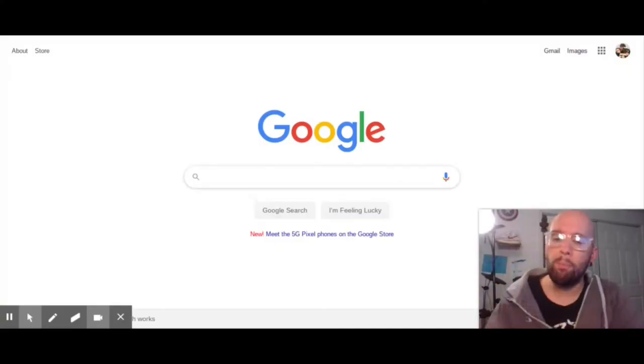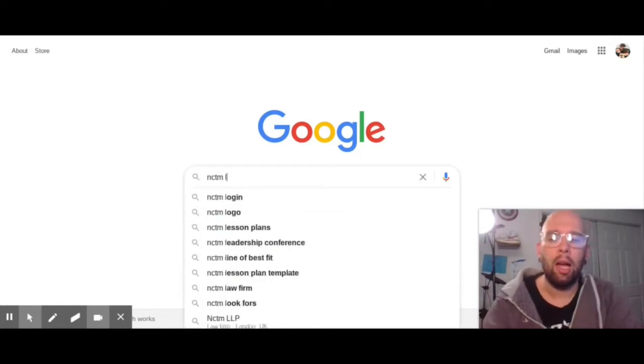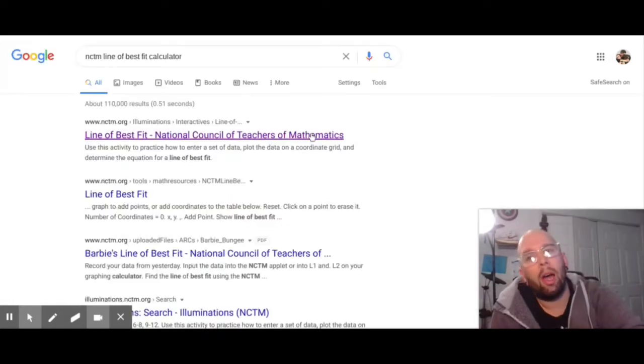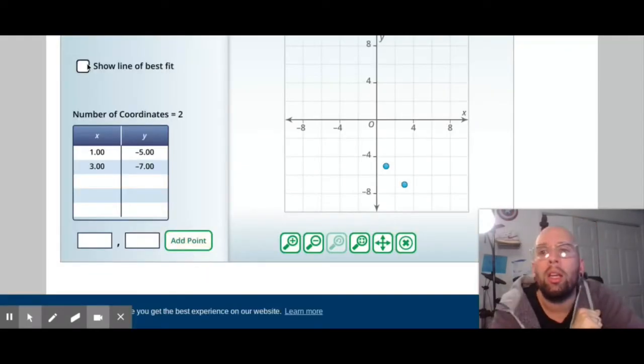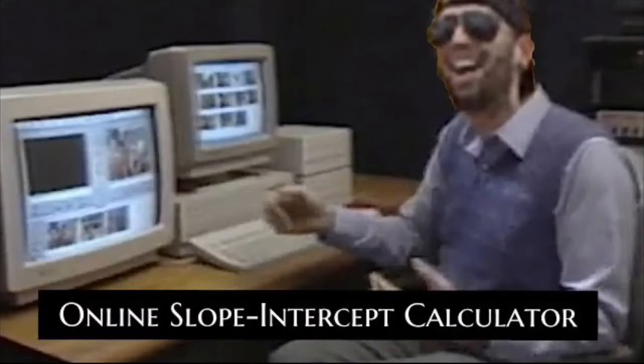Go to Google and type NCTM line of best fit calculator. Click the first screen, add point, add point. You can click on show the line of best fit and it gives you the equation for the line of best fit.